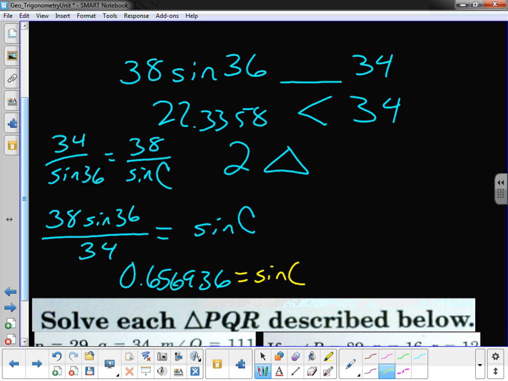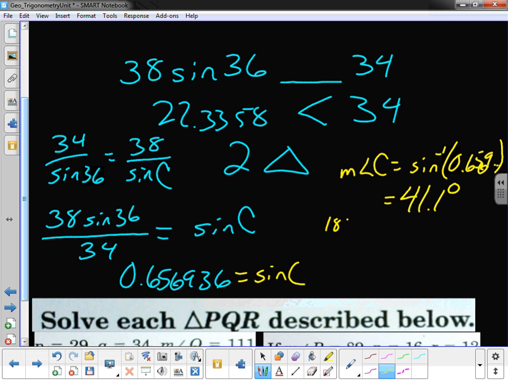The first thing I do is I go ahead and solve it. So the measure of angle C is the inverse sine of that number, 0.6569. Okay, so inverse sine of that number gets me 41.1 degrees, to the nearest tenth. Now, since there's an obtuse angle and an acute angle that have the same sine value, I take 180 and I subtract that number.